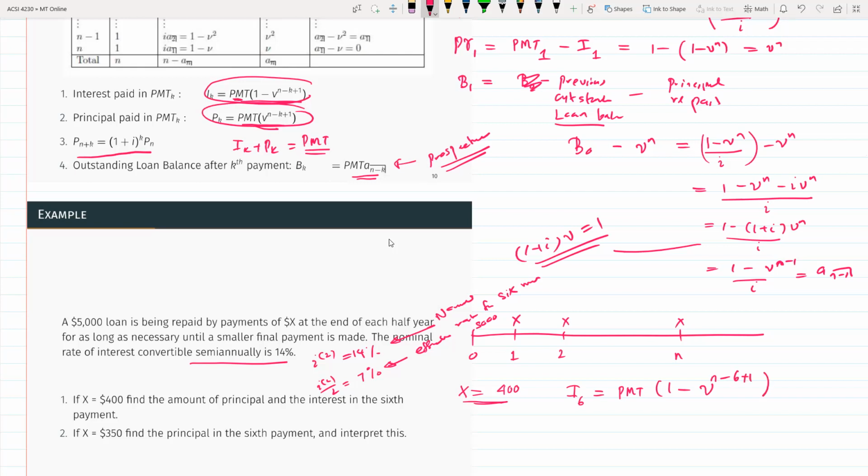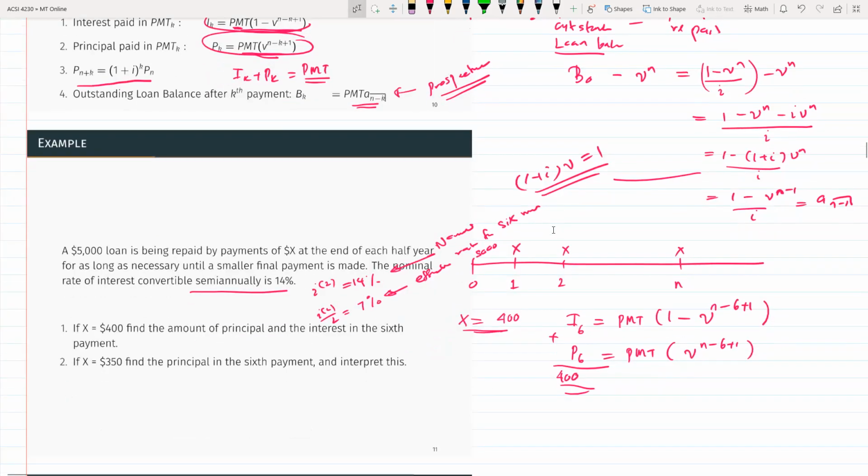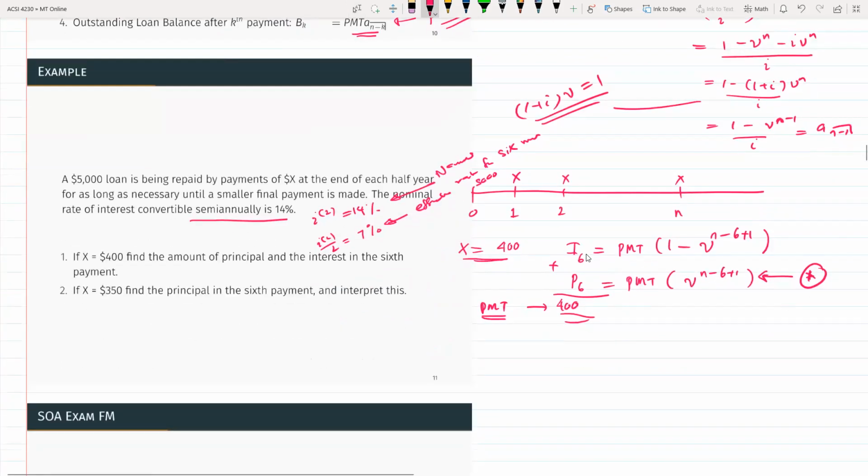And then P6 is payment times, not 1 minus, just v to that power. By the way, when you add these two, you should get 400. So actually, you can calculate only one and then get the other by subtracting. This one looks easy. For the other one we can take 400 minus that and then we get the interest.